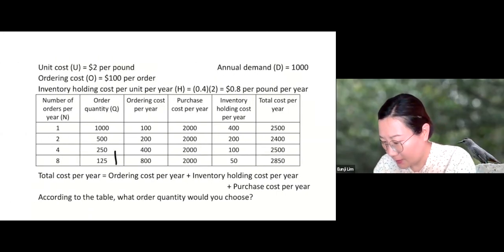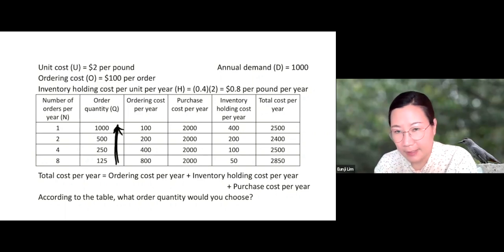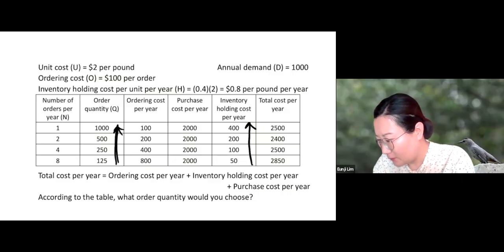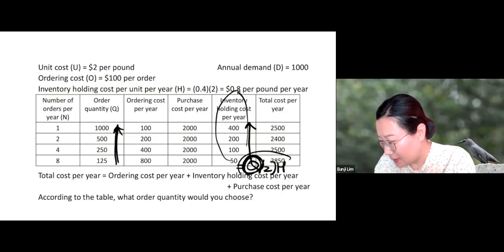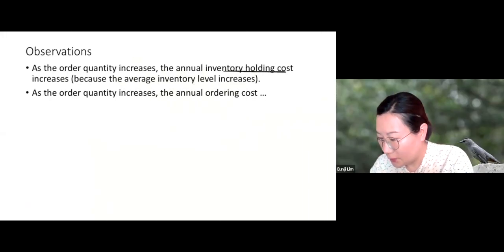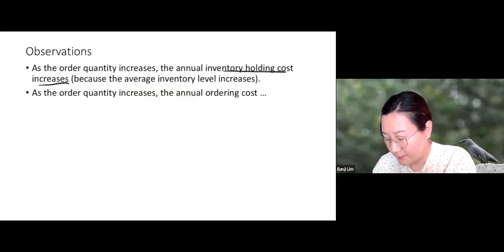As the order quantity increases from here to here, the annual inventory holding cost is also increasing. Because remember, the formula for the annual inventory holding cost was Q over 2 times H. So as Q increases, this quantity will increase, so the annual inventory holding cost also increases.